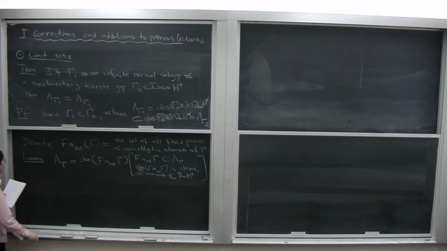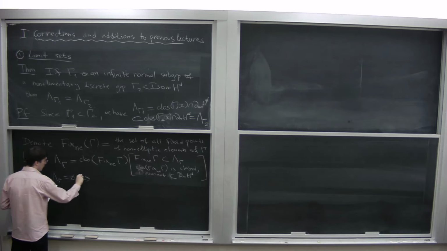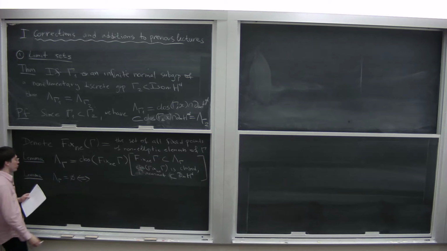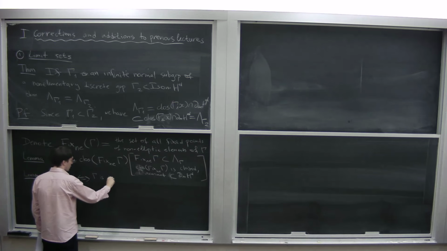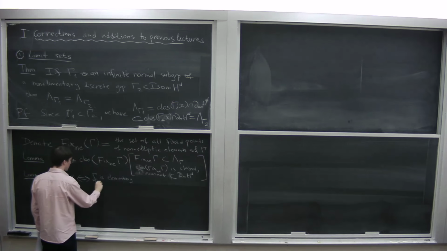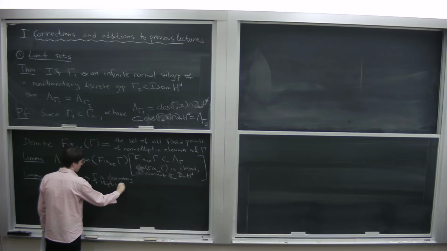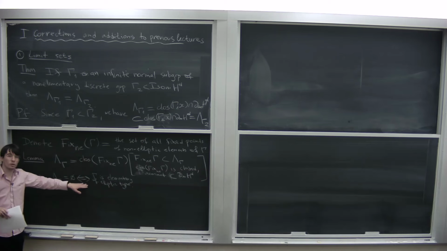Since gamma 1 is infinite, I will actually use also another lemma, which states that lambda gamma is empty if and only if gamma is elementary of elliptic type.